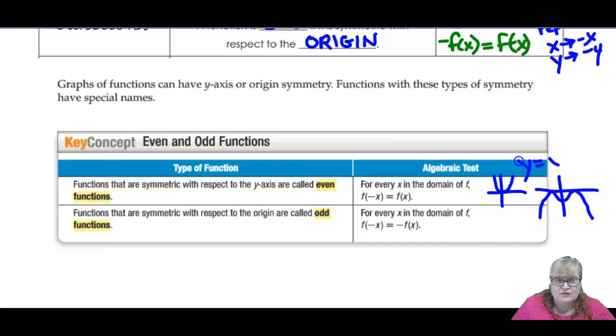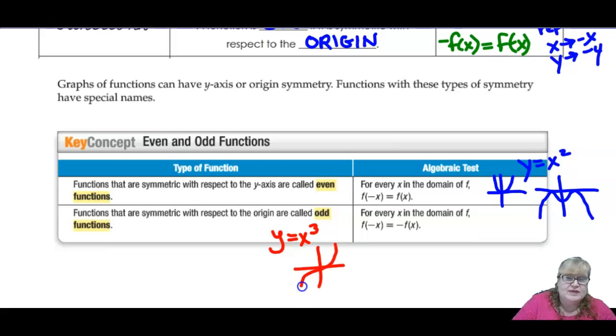Like this might be y equals x squared. This one might be y equals (x plus 2) squared times (x minus 2) squared, where all the exponents are squared. Odd functions is when all of the exponents turn out to be odd. Y equals x cubed looks like this. Okay, so that's my little hint.